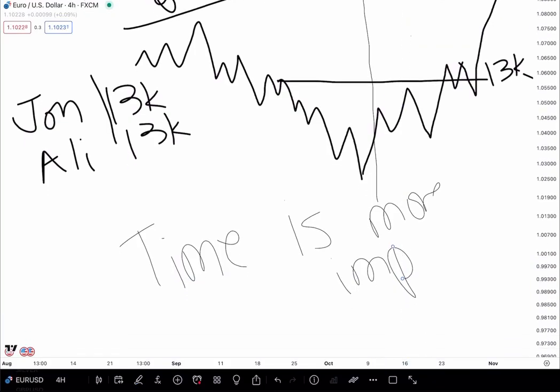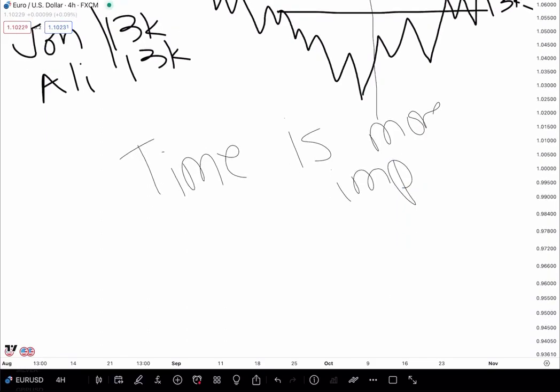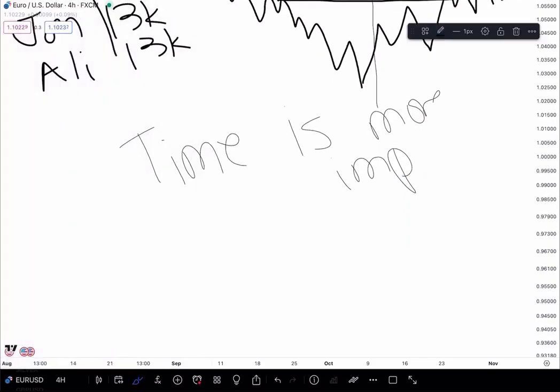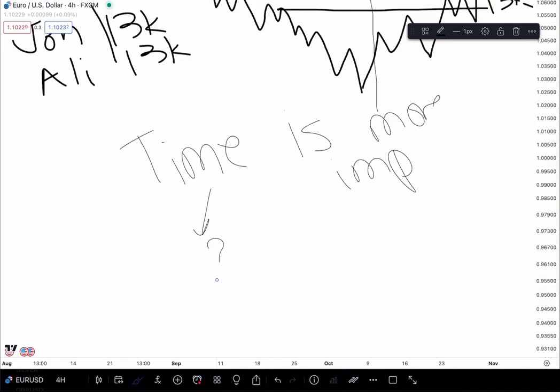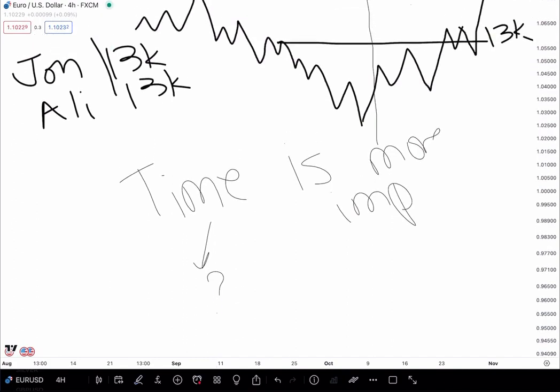Now, how do you define the correct time? There's multiple ways, right? You can do it through price or through time.